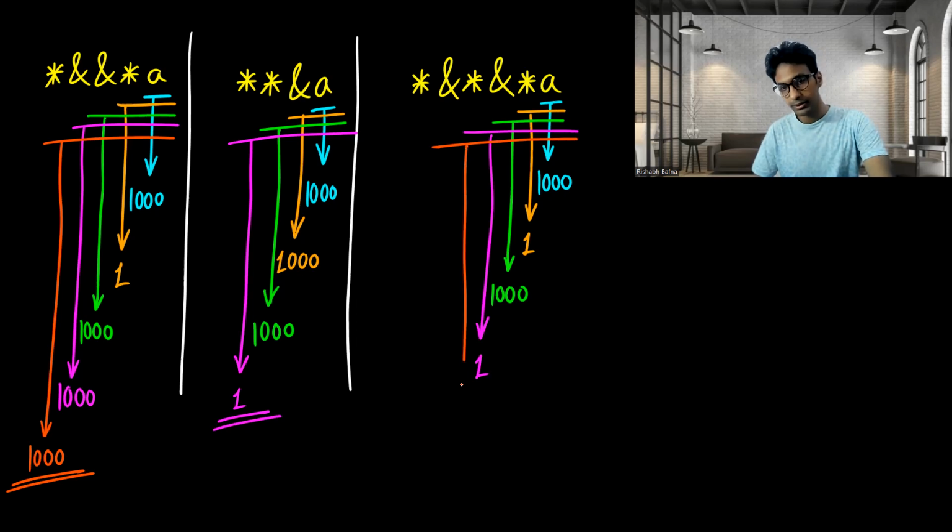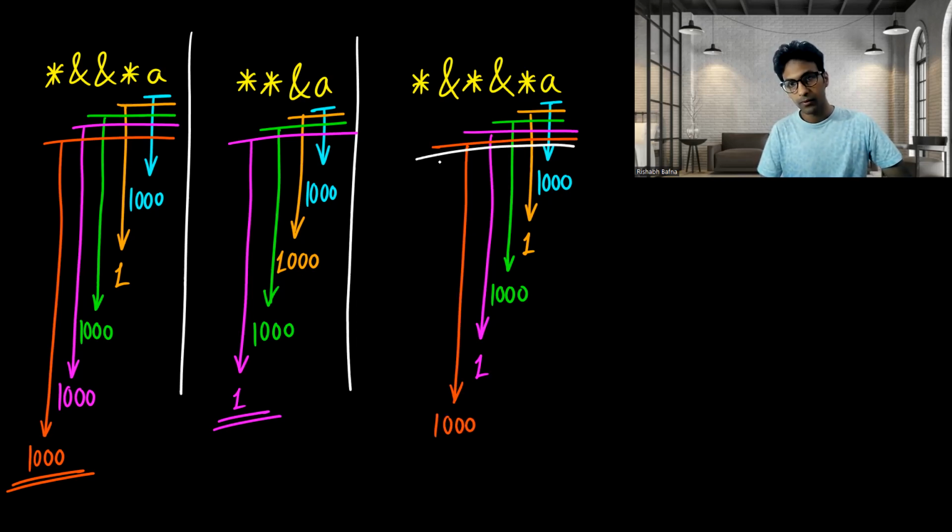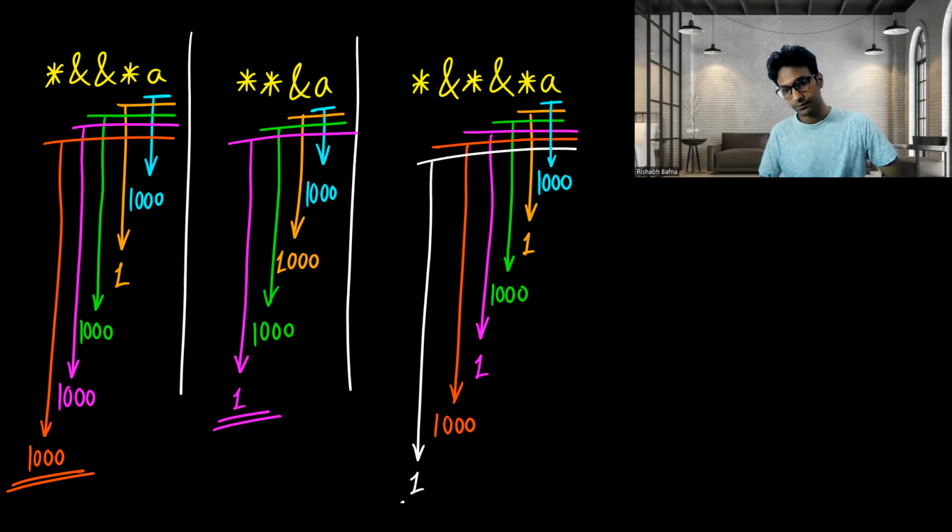Again, this address. This will be 1000. And finally, this will be, maybe I should write this one properly, this will be 1.